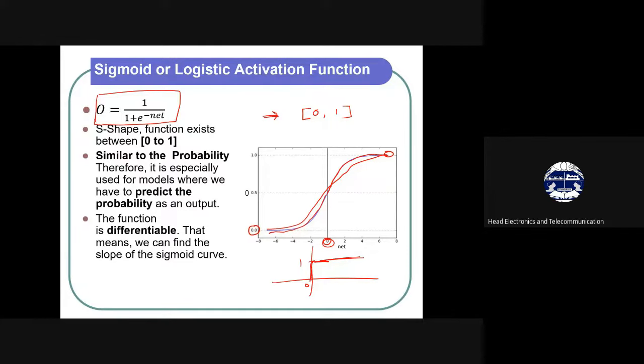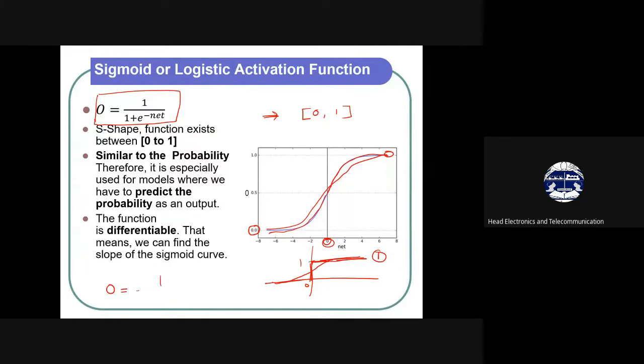Anything beyond 0, in the earlier version produces 1. Anything less than 0 produces 0. In this case, there will be a smooth transition from 0 to 1.